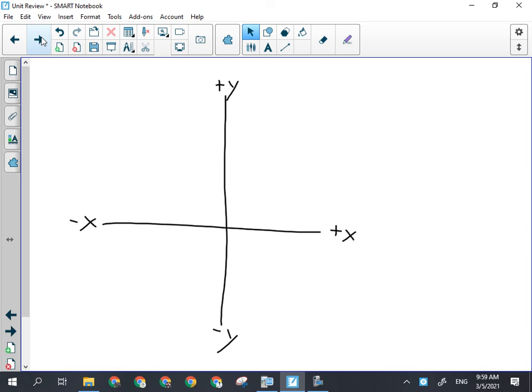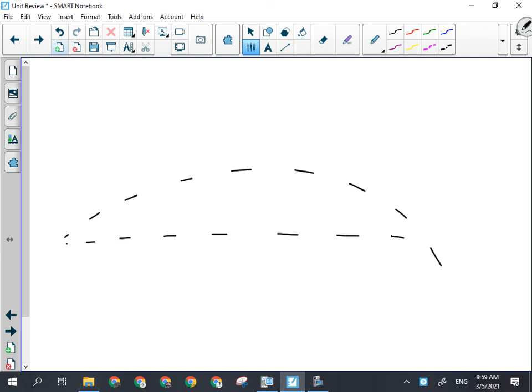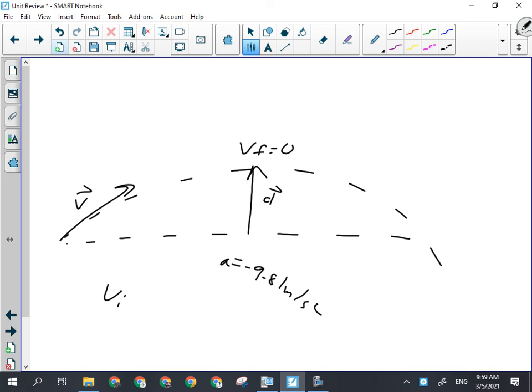The trick to doing that one would be, if I give you the maximum height and I ask you to find the projected velocity, I just have to remember that here, VF is 0, A is negative 9.81 meters per second squared, and I solve for VI.